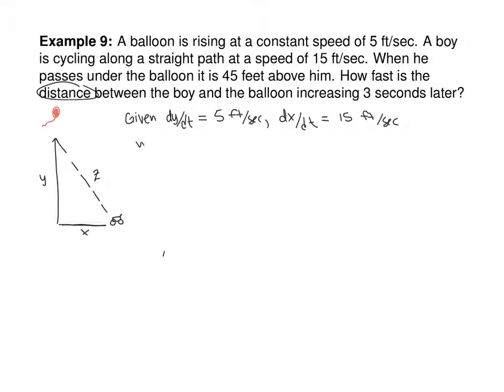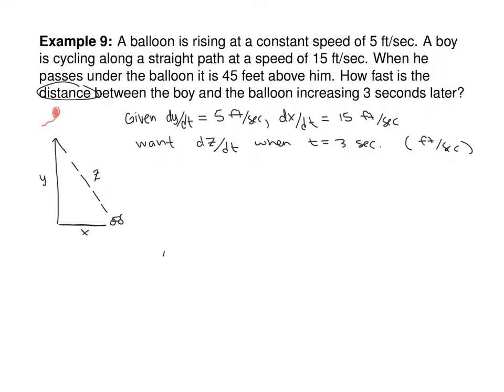And you want dz/dt when t equals 3 seconds, right? Do you buy that? And dz/dt is also going to be in feet per second, right? Is that okay?